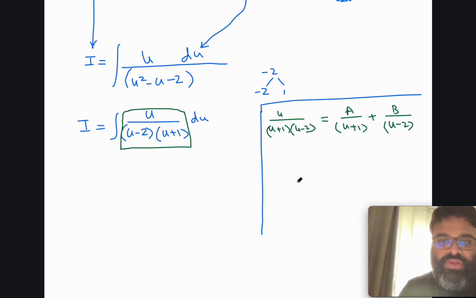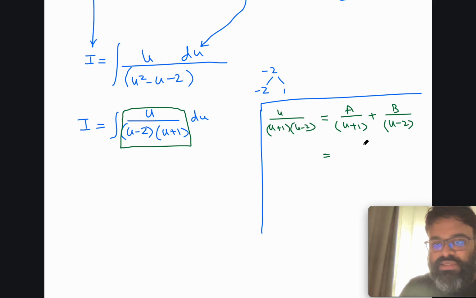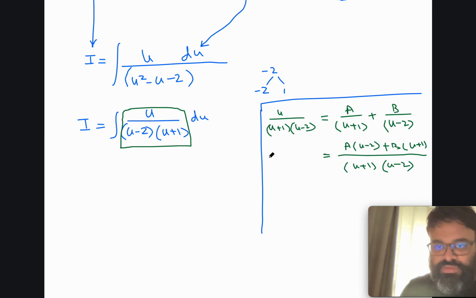Now you can solve this by cross multiplying: a times u minus 2 plus b times u plus 1, over u plus 1 times u minus 2.